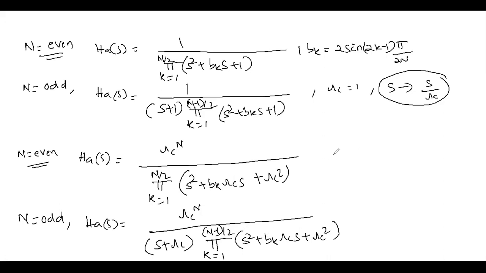Okay, so this is for n even, and this is for n odd. These represent the transfer function of a Butterworth filter. We have to remember this equation.